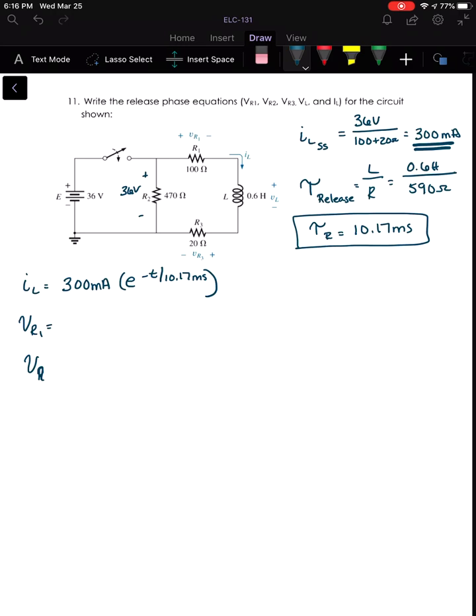VR1 and VR3 are pretty much going to be the same voltage they were when they started the release phase as well.